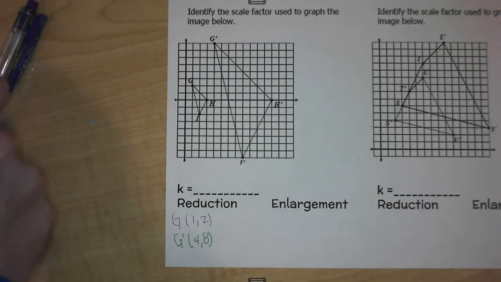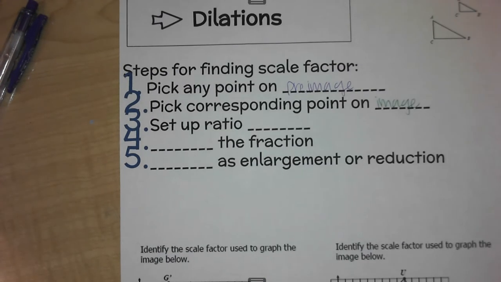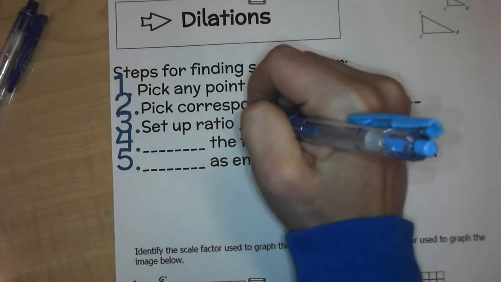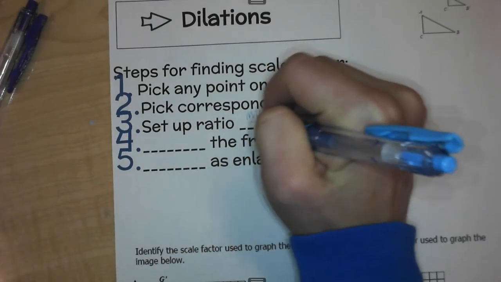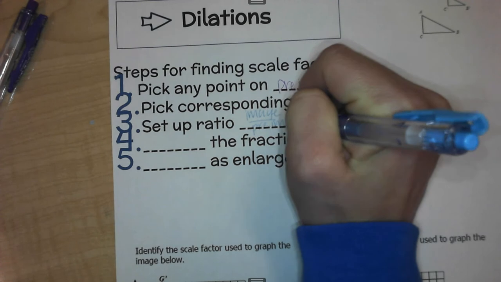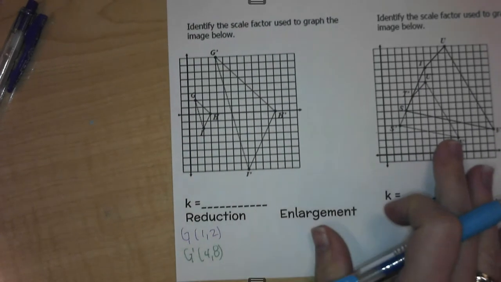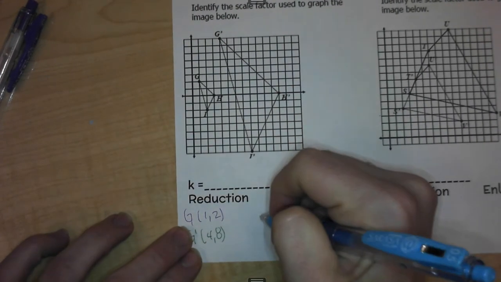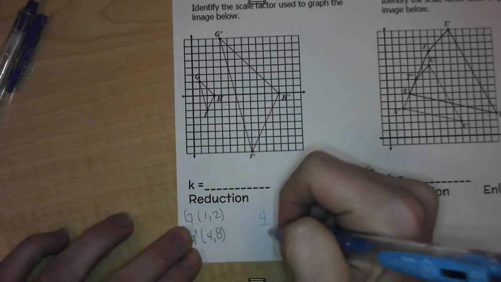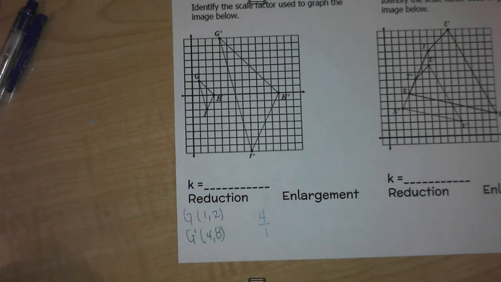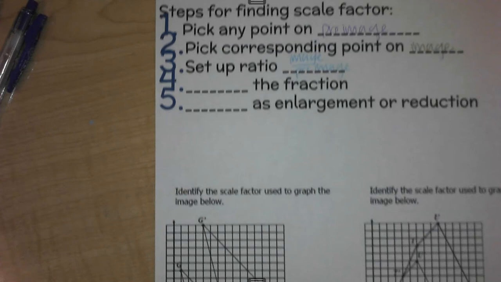And then I'm going to set up a ratio that is image over pre-image. So image 4 over pre-image 4 over 1.